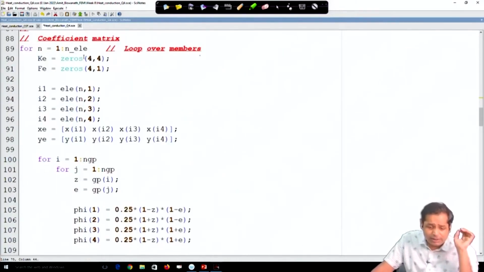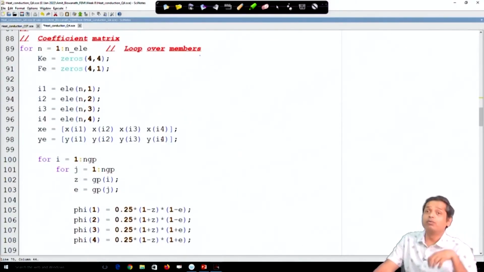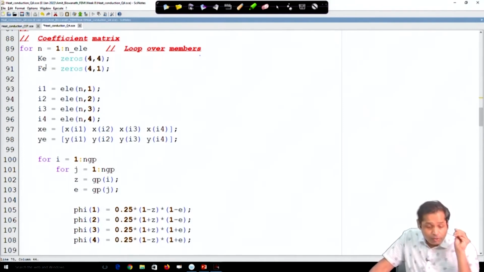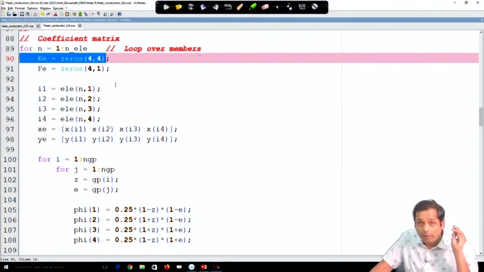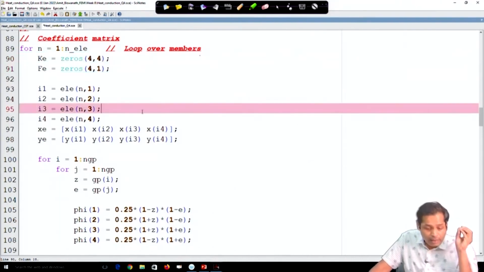Initialization is same. Now this block is slightly different because now we have to perform the integration using Gauss quadrature technique. So the size of the coefficient matrix will be 4 by 4 because we have 4 nodes in the element, and size of Fe will be 4 by 1.